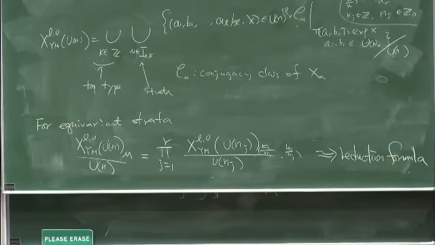So the second part is the Morse inequality. So we want to see how the strata fit together. So that we fix a total ordering on the index set.